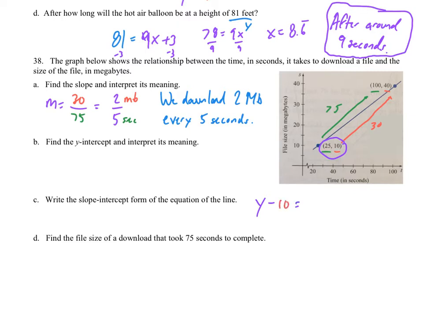equals, and then I have my slope, which was 2/5, and then x minus, and then my x value there was 25. So then distributing the 2/5, I get y minus 10 equals 2/5 x, and then 2/5 times 25, or it's 25 over 1, so it'll be 50 over 5, which is 10, so minus 10.